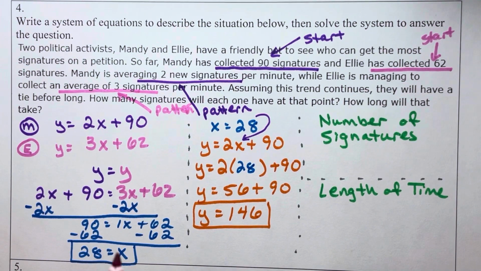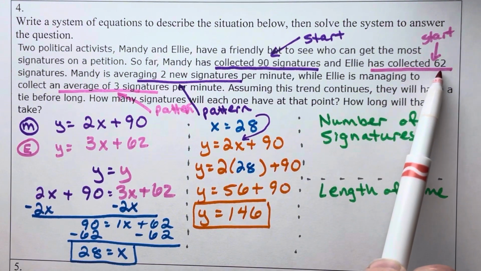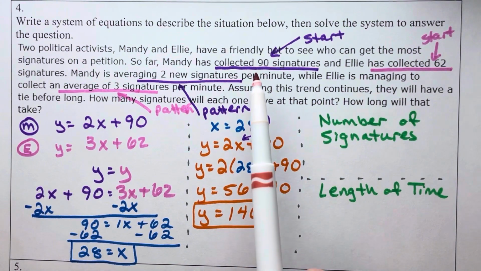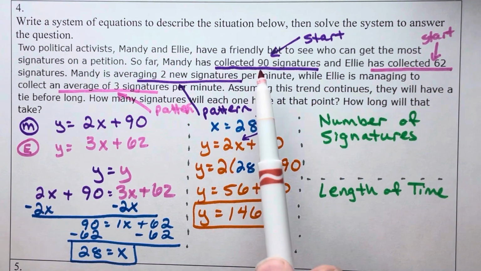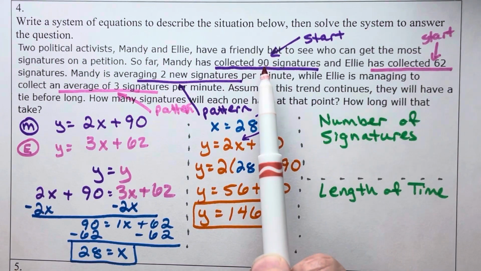Well, we know that Mandy had 90 signatures at go, and Ellie had 62 signatures at go, which means that 28 is not nearly enough, as it is less than both the 90 and the 62. So when they're done with the wager, they must both individually have more signatures than they did at the start.